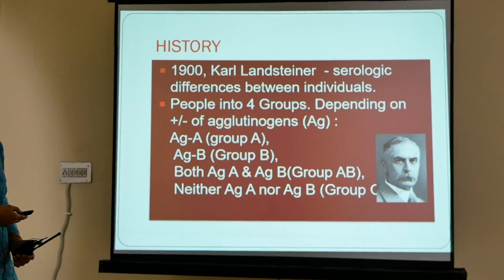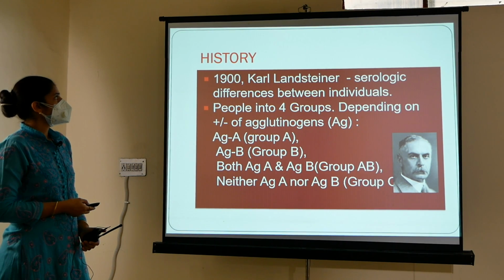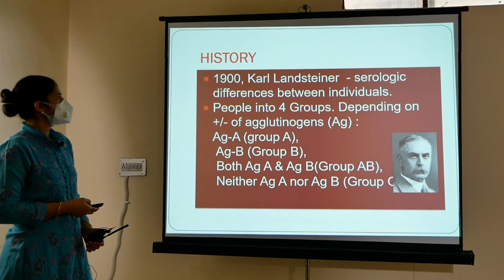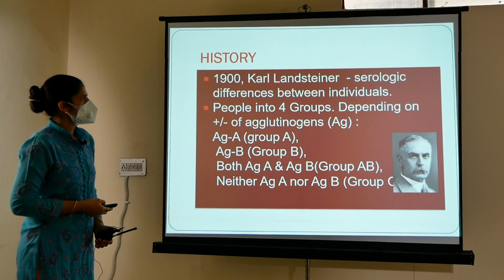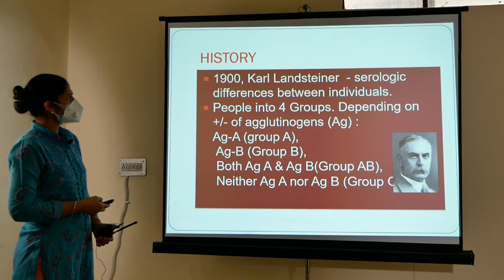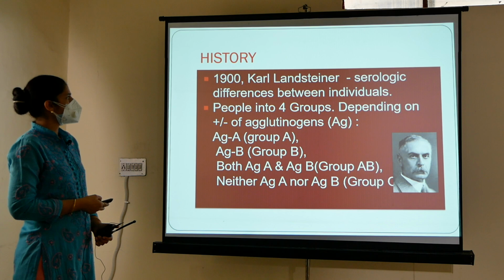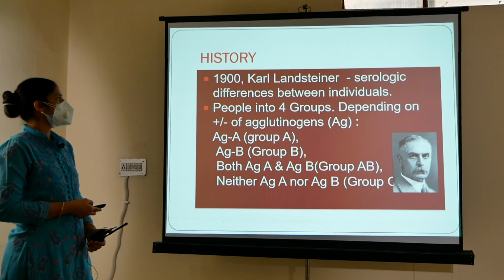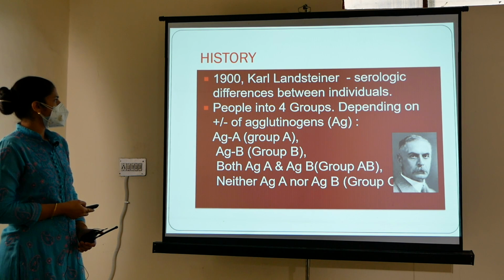So what is the history of determination of the blood group? In 1900, Karl Landsteiner, a scientist, identified the serological differences between individuals. He divided people into 4 groups depending on the presence or absence of agglutinogens.